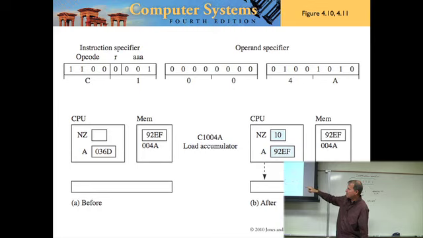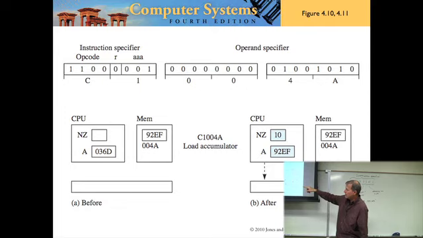That means that in main memory, there's a cell at address 004A. In the bottom part of the slide, we have the CPU and memory with the bus below it, and in main memory, there's the content 92EF, and that's at address 004A.